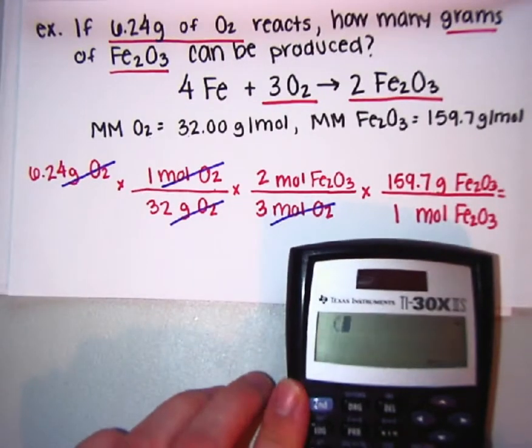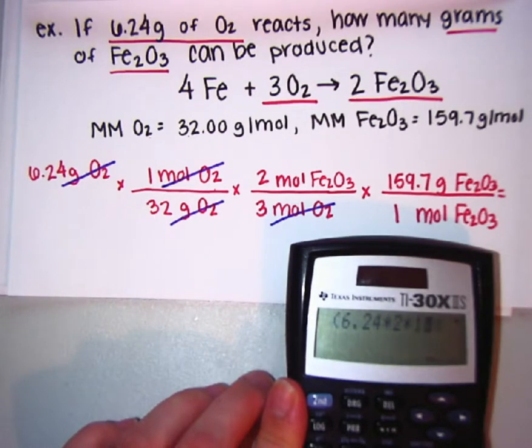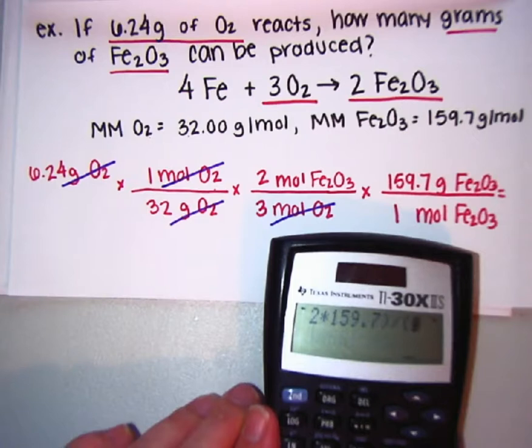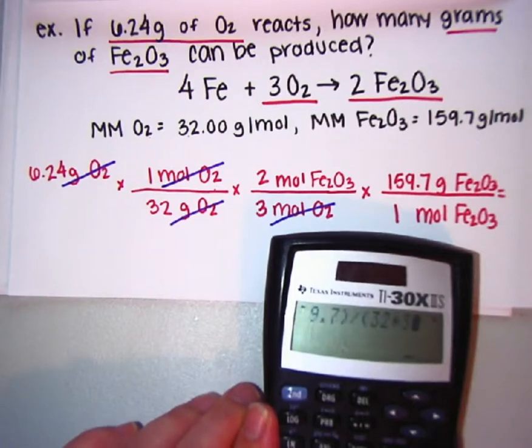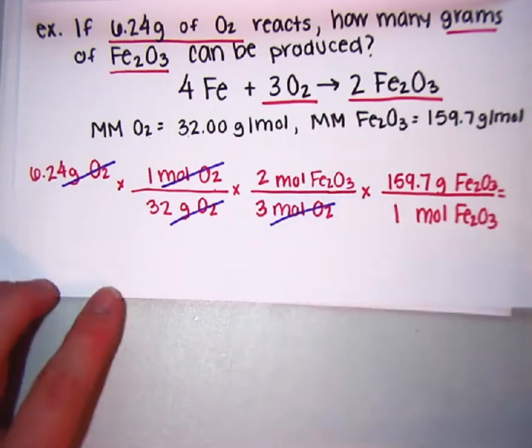All right, let's multiply everything across the top. 6.24 times 1 times 2 times 159.7 divided by the bottom. 32 times 3 times 1. I get 20.761.